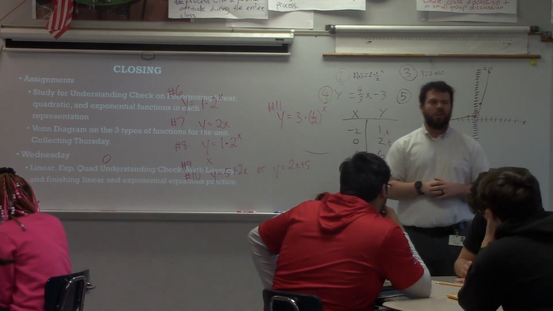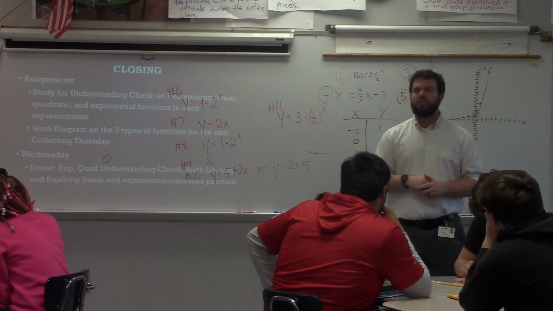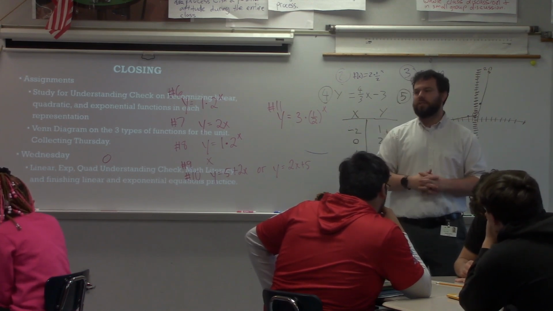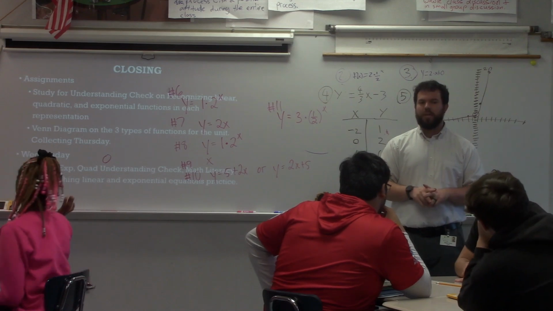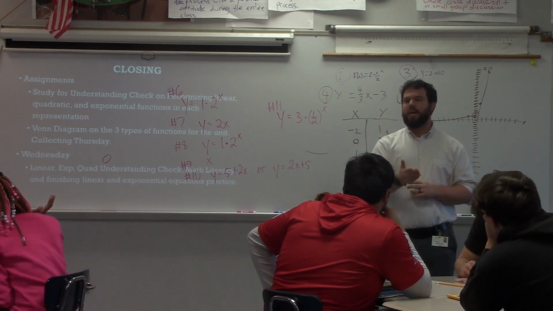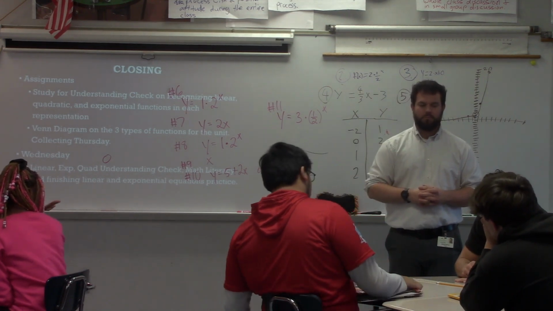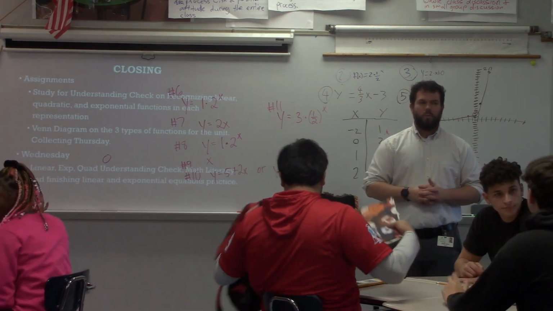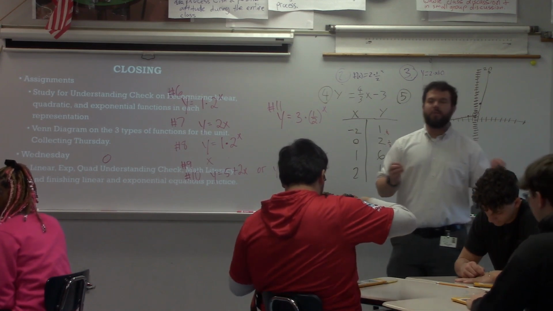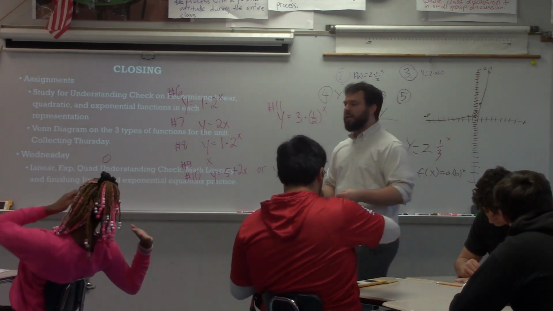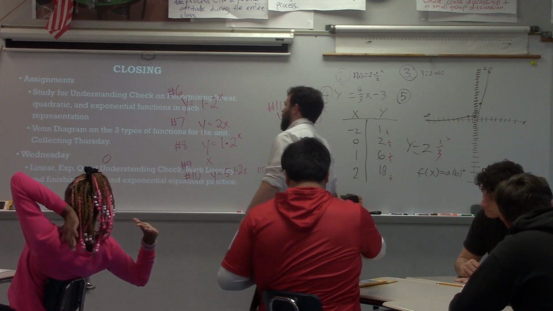I think it's 13 or 14 different functions, and you have to identify what type of function it is. Make sure you read your directions. Do we have to explain? Yes, sir. Hold on to your Venn diagrams to study. You'll turn your Venn diagram in on Thursday.